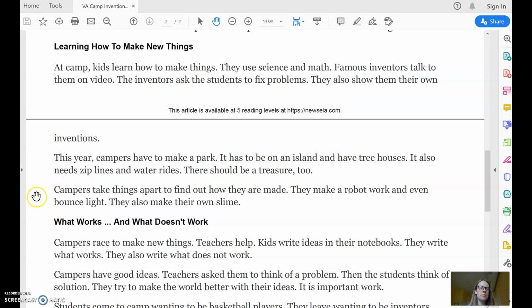Now read this paragraph. Let's read it together. Campers take things apart to find out how they are made. They make a robot work and even bounce light. They also make their own slime.